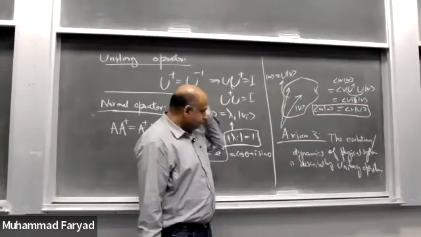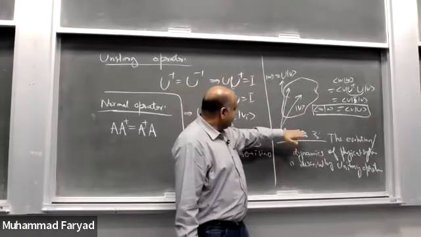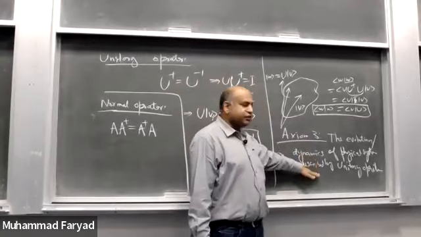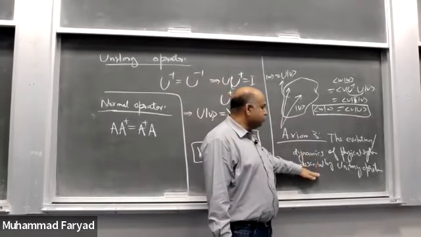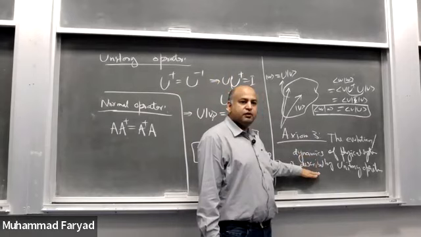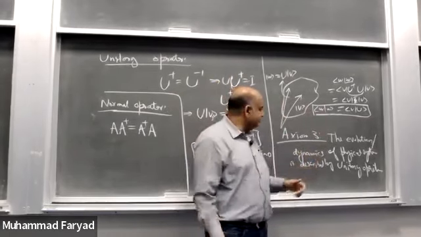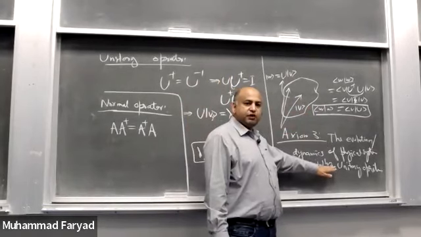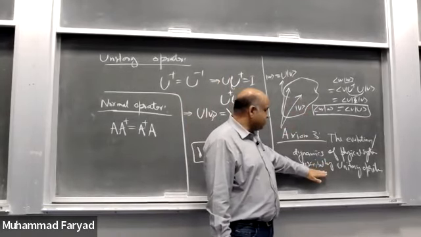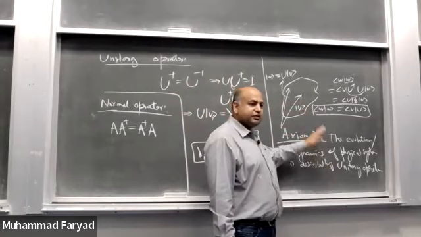And just to be totally explicit, these axioms, as I have said in the last lecture, they're applicable only to closed quantum systems, not to open quantum systems. If your quantum system is interacting with the environment or something else, then these axioms are not true. But for an isolated quantum system, or you can say for a closed quantum system, these axioms are true.